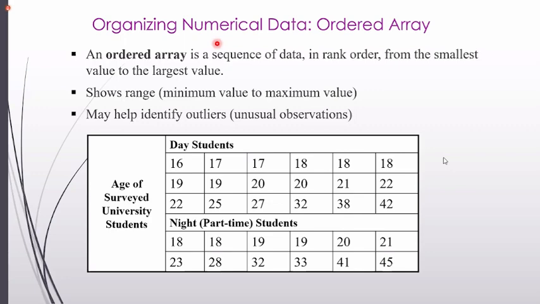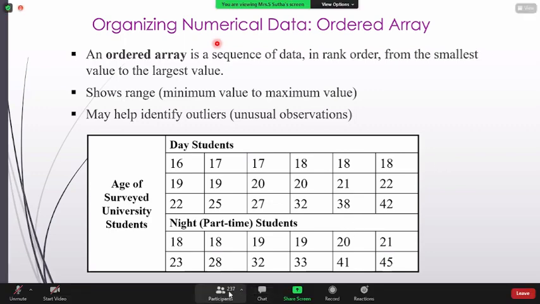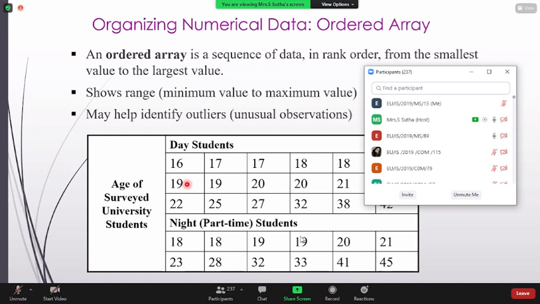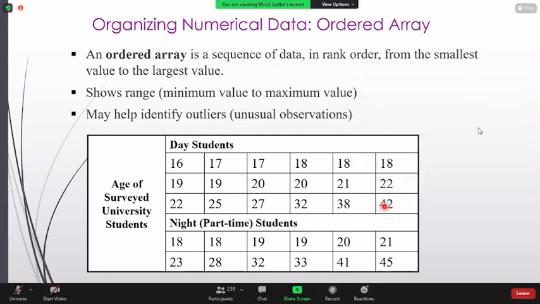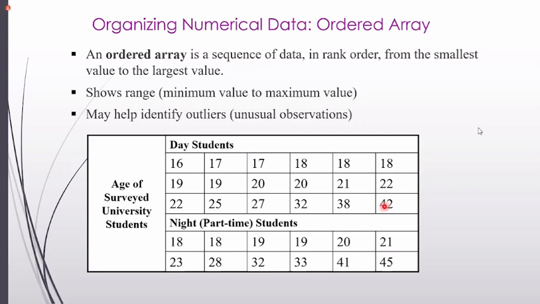Day student maximum age 42. Not only maximum, the minimum also. 16. Yes. For the day students, the ages range from 16 to 42. So the minimum value is 16, the maximum value is 42.